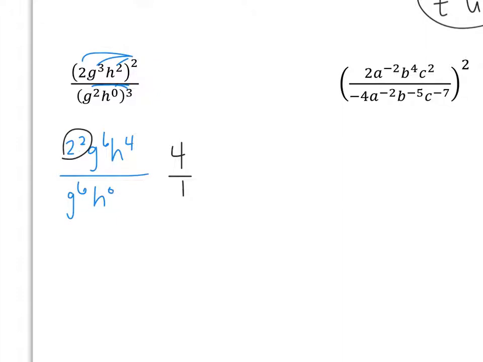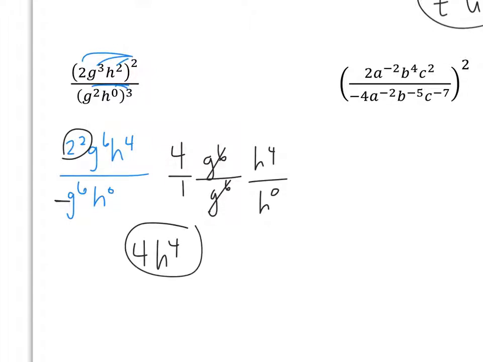So here, 4 over 1. G to the sixth over g to the sixth, and then h to the fourth over h to the 0 power. All right, and now I'll end up with 4, g to the sixth and g to the sixth go away, right? 6 minus 6 is 0, and then h to the fourth over h to the 0 power. 4 minus 0 is 4, so 4h to the fourth would be my final answer.